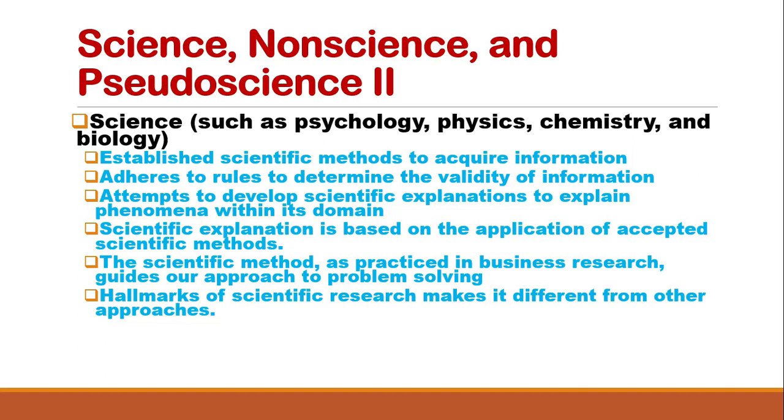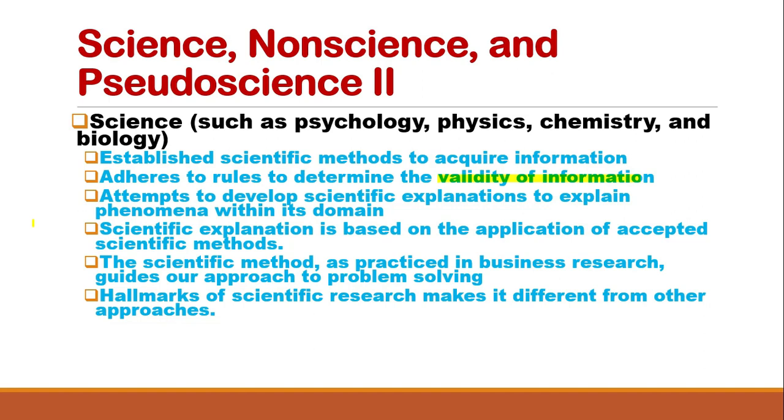So, a true science such as psychology, physics, chemistry, or biology relies on some established scientific method to acquire information, as well as there are certain rules or techniques to determine whether the information that is acquired is valid. In addition, a true science always adopts certain scientific methods.